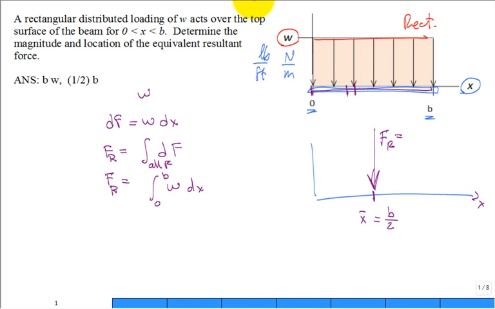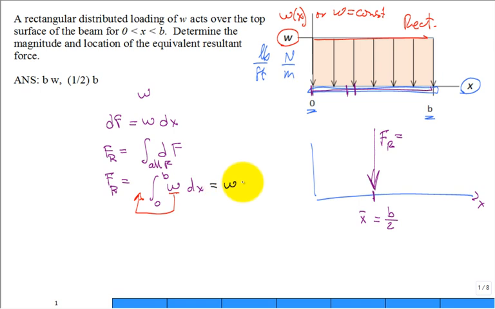So for this problem, is W a function of x, or is the intensity a constant? It's a constant. All right, can I take a constant outside of the integral? That's why I like this integral. And so I will do this.